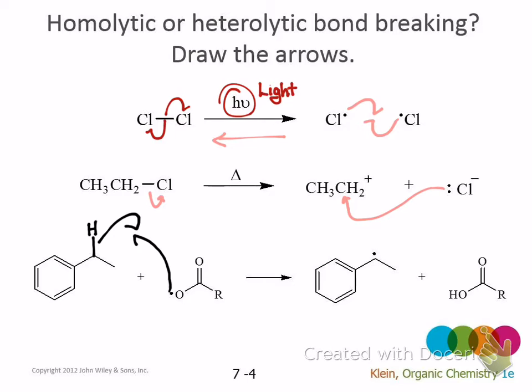Now, when doing radical reactions, anytime you break a bond, you have to say what happens to both electrons. So that means this has to go back. Every bond that breaks in a radical reaction should have two arrows on it: one going to wherever that radical is going, and one going back to the atom that's essentially left behind.